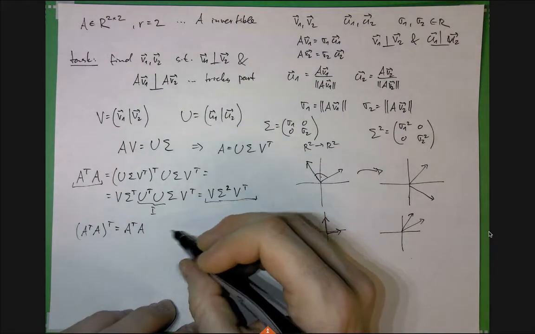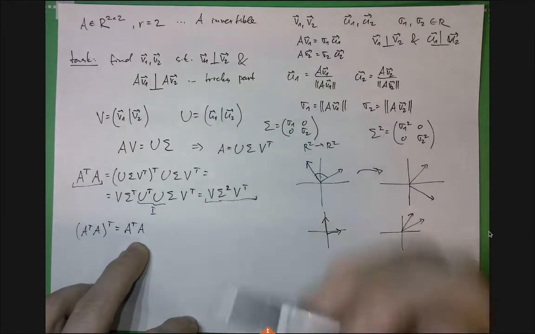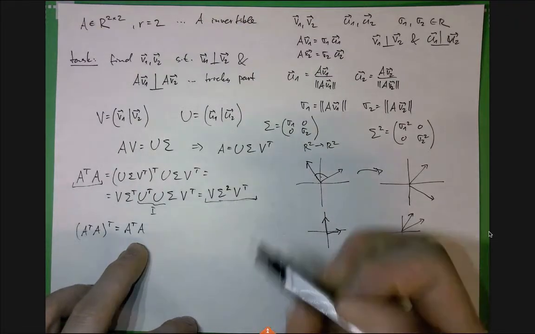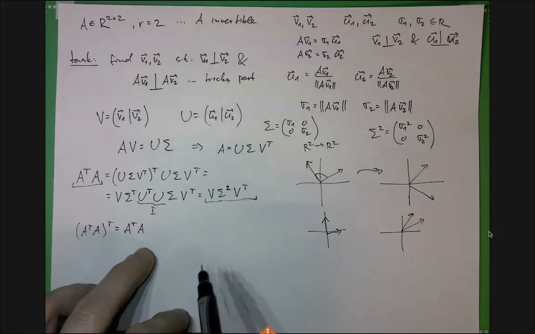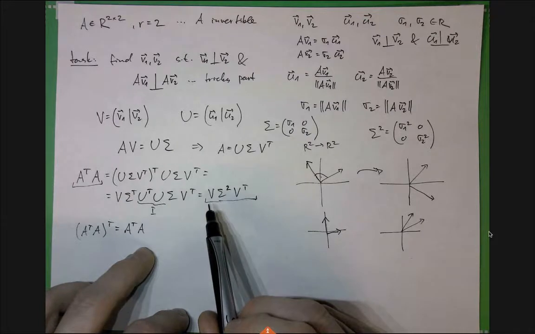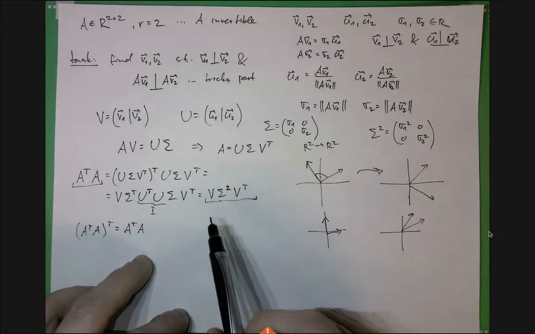It means that I can now just do eigendecomposition of AᵀA. Because it's a real symmetric matrix, I can just do eigenvector decomposition. You know that in the case of a real symmetric matrix, I can find eigenvectors which are orthogonal, and because it's positive definite, the eigenvalues will be positive.